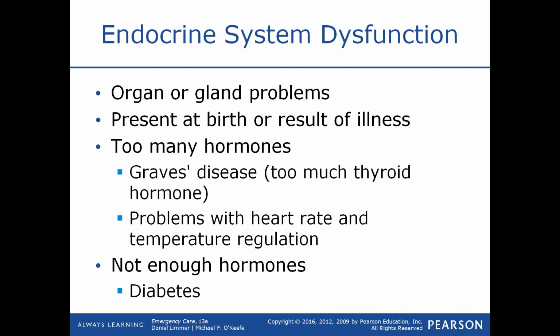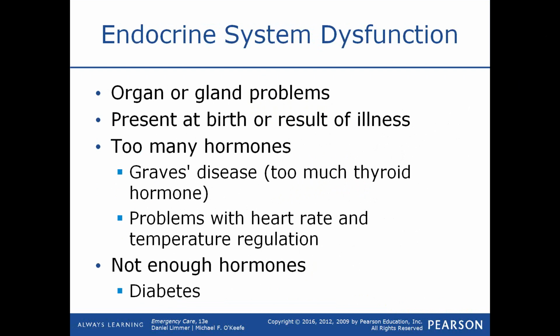Now, there's also endocrine dysfunctions where perhaps some of the hormones that are being secreted can lead to problems as well. Graves' disease occurs when the thyroid gland is secreting way too much thyroid hormone.